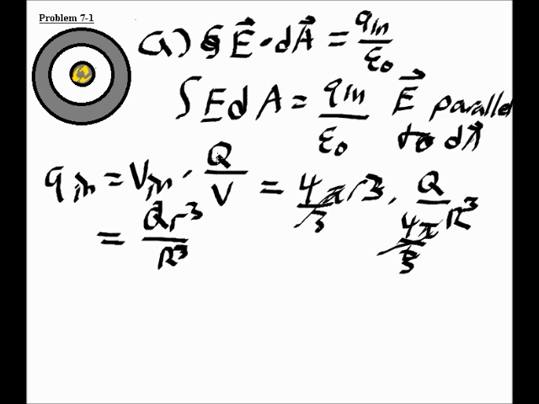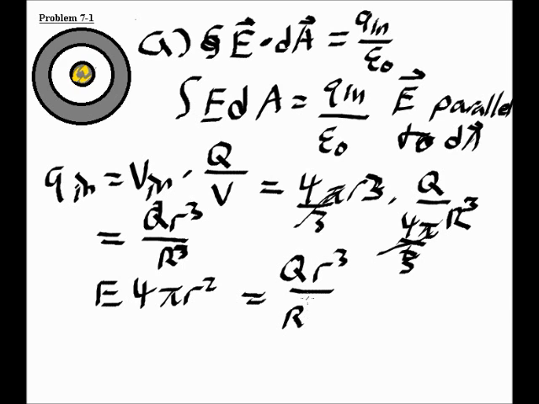Integral of E dA becomes EA, because E is a constant, and integral of dA is A. A is the surface area of your Gaussian sphere, so that equals 4 pi little r squared E equals big Q little r cubed over big R cubed epsilon naught.